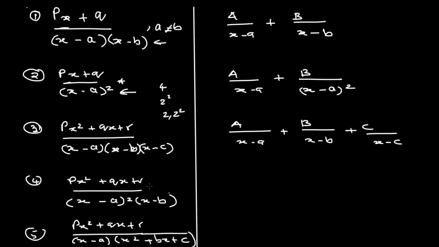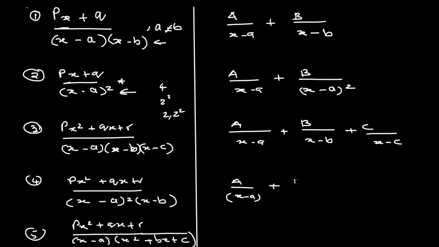Right. So now here, let's look at what's happening here. So we have to make reference to this one. How we got the factors for this one is exactly how we get the factors here. So here it will go back to the same thing. So this will go to A over x minus A. That's my first factor.